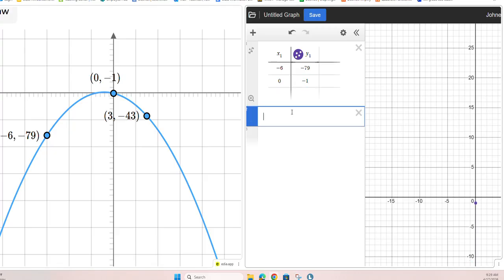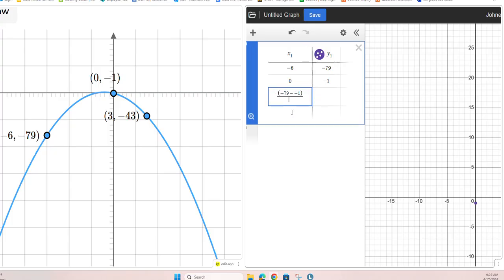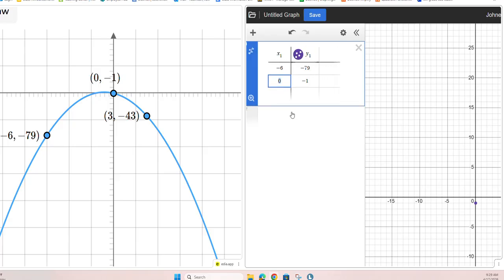Alright, now I'm going to calculate the change in the, I need my parenthesis. The change in the y. Don't forget now, I got a double negative. So the minus sign is in the formula. Keep it in the formula. So I'm going to bring that minus sign with a -1. And I'm going to put that over -6 minus 0. Oh, why am I putting it in the table? Mistake.